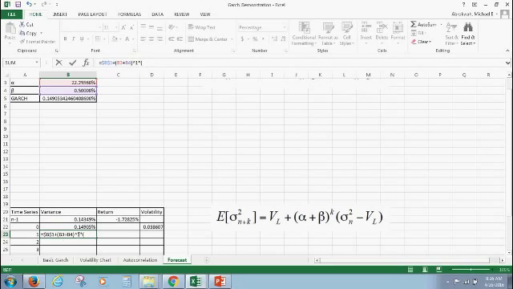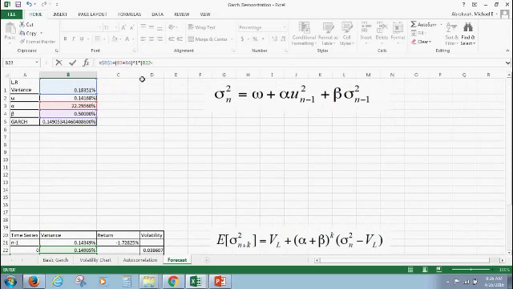Because we're predicting for the future and I'm generating a variance for the future, I'm actually going to go back and use this variance here. So it's the variance in B22. It's the variance in the previous time slot. And then I'm going to subtract the long-term variance again.